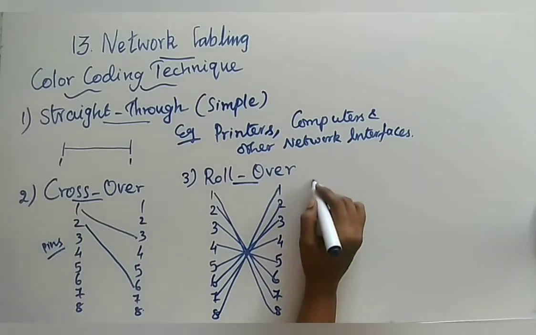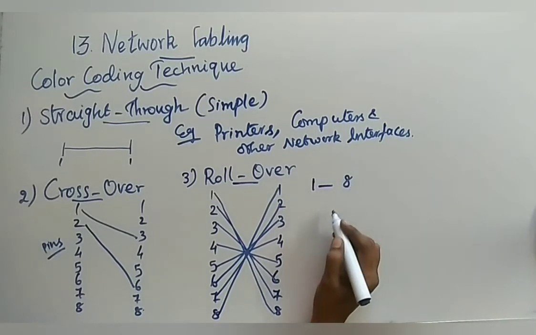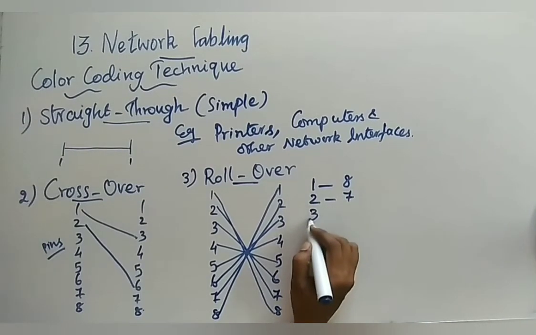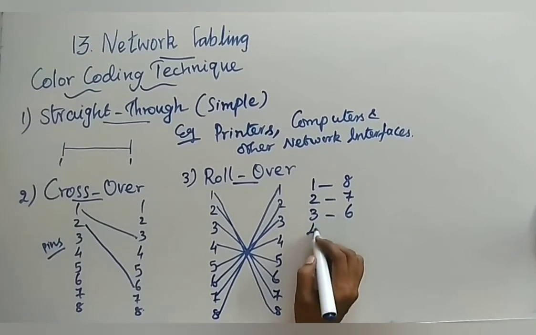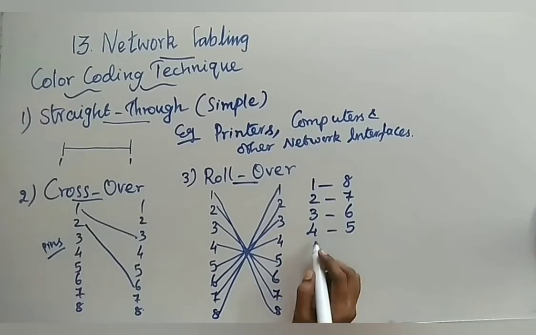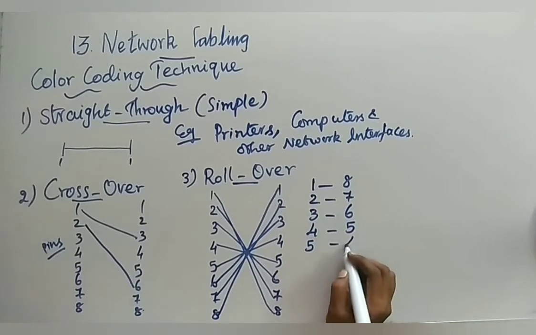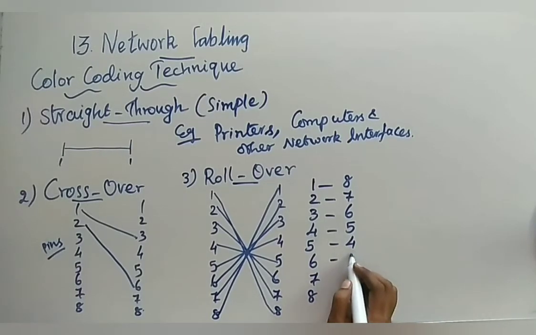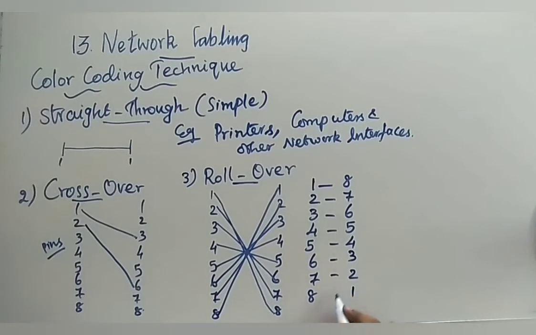That is, 1 is connected to the 8th pin, number 2 is connected to the 7th pin, 3 to 6, the 4th pin is with the 5th pin of the other end, 5 to 4, 6 to 3, 7 to 2, 8 to 1. In this order the rollover wiring is done. Rollover wiring is very easy. Just the first one is connected with the last one of the other end.